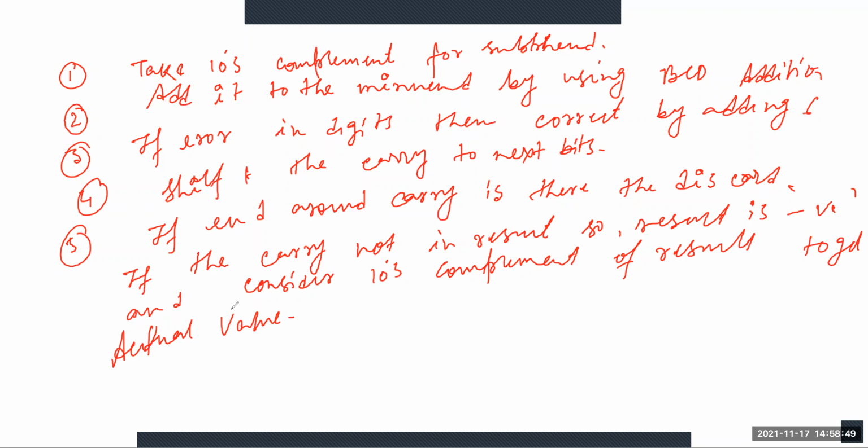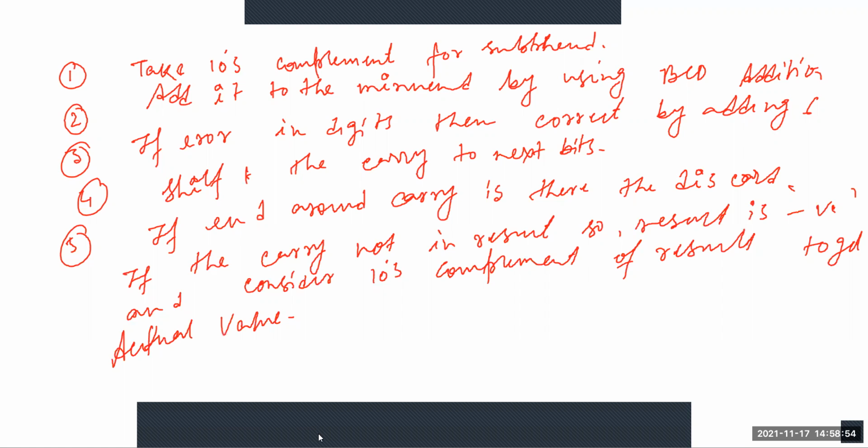So if we consider the nines complement and tens complement for BCD subtraction, the steps are the same. The last step is a little bit different. In nines complement, if there is an end around carry, it is added to the first bit. But in the case of tens complement, if there is any end around carry, it should be discarded.